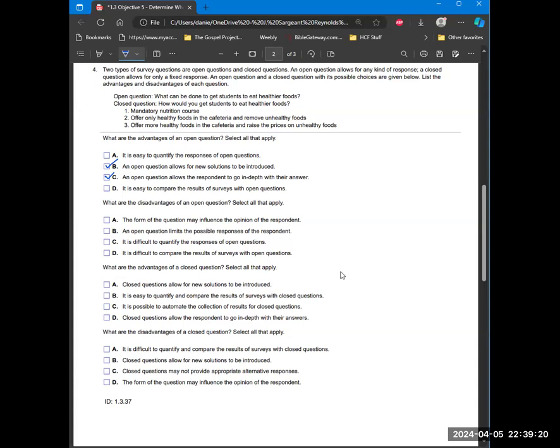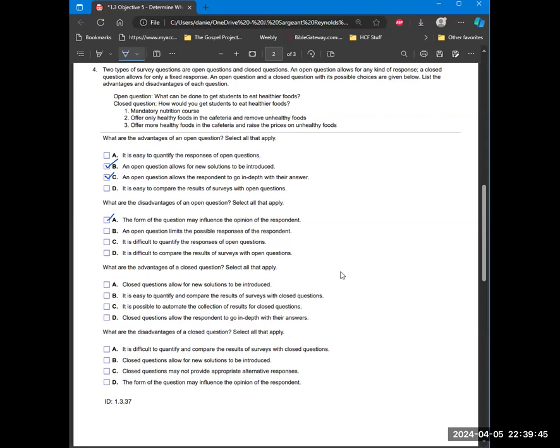So what are some disadvantages for an open-ended question? The form of the question may influence the opinion of the respondent, and how such questions are phrased. It's difficult to quantify the responses of open-ended questions.